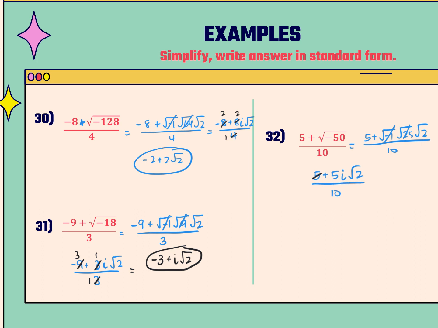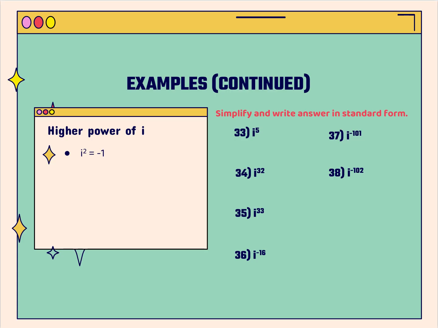Because all of them are divisible by 5, I can simplify. So I get 1 plus i radical 2 all over 2. And that's it. That's how we do these.